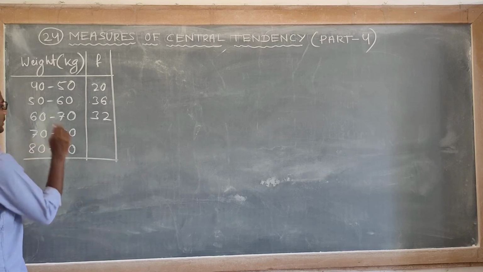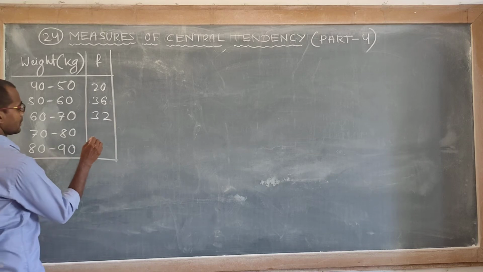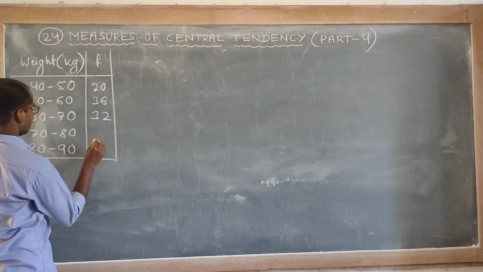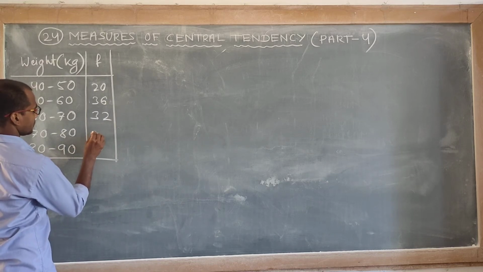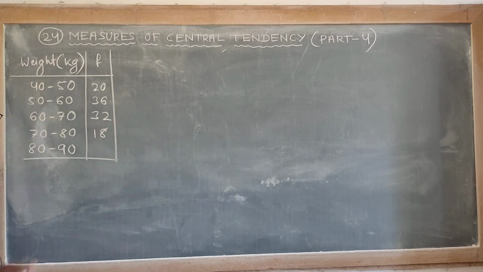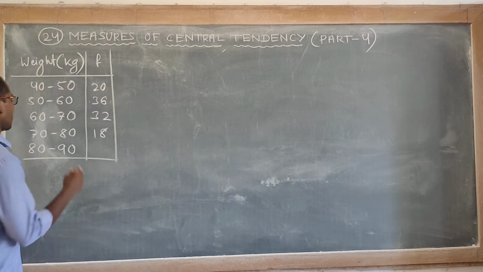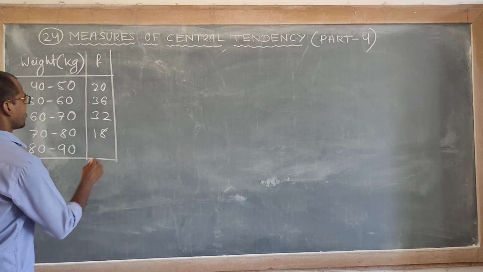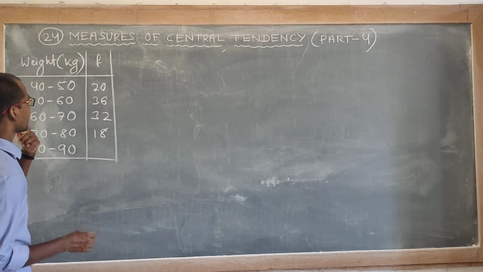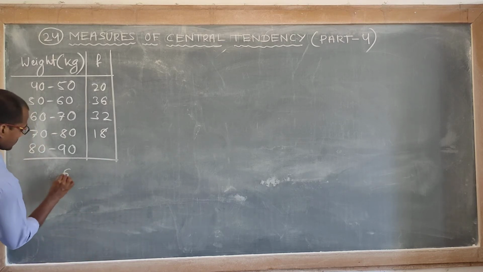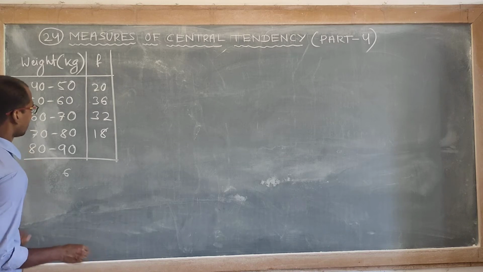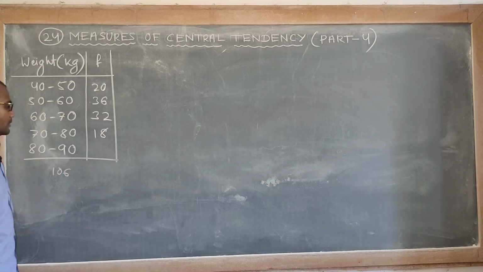Suppose 70 to 80 there are 18 students, suppose. Mainly boys will be there in between 70 to 80. So 88 plus 18 is equal to 106.